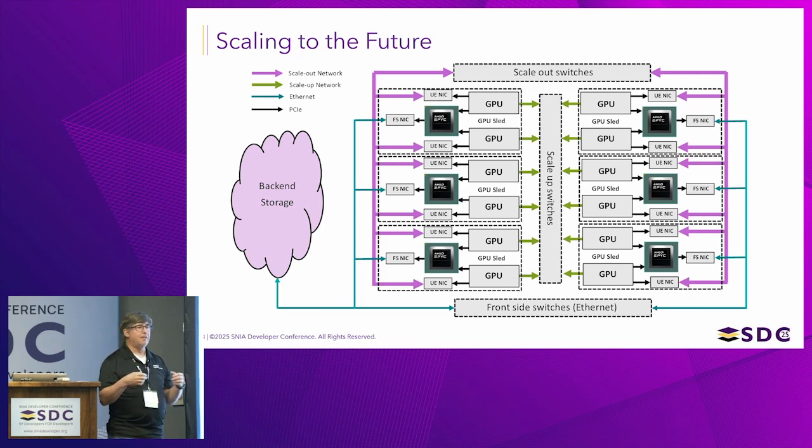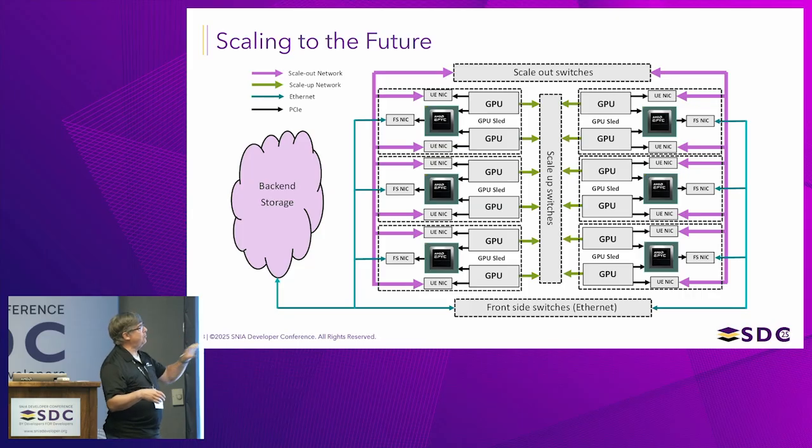If you think about it, scale-out has a lot of properties of big HPC systems, so a lot of the work being done in Ultra Ethernet also applies to large HPC systems. There are other proposals being thrown out too. I think Broadcom has a proposal for using a variant of Ultra Ethernet to do scale-up also. So there's a lot of work going on in the industry to tackle this.